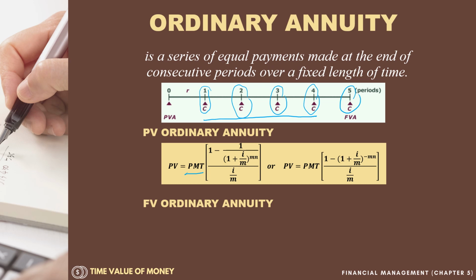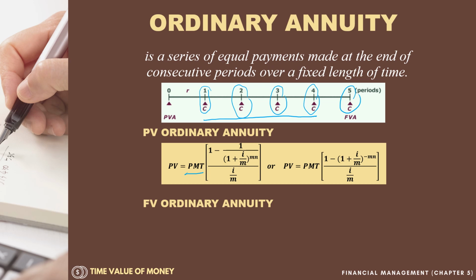Or you can have the simpler form, the lesser fraction form, that is PV is equal to PMT, or the payment, multiplied by 1 minus 1 plus I over M to the power of negative M times N, all over I over M, okay?